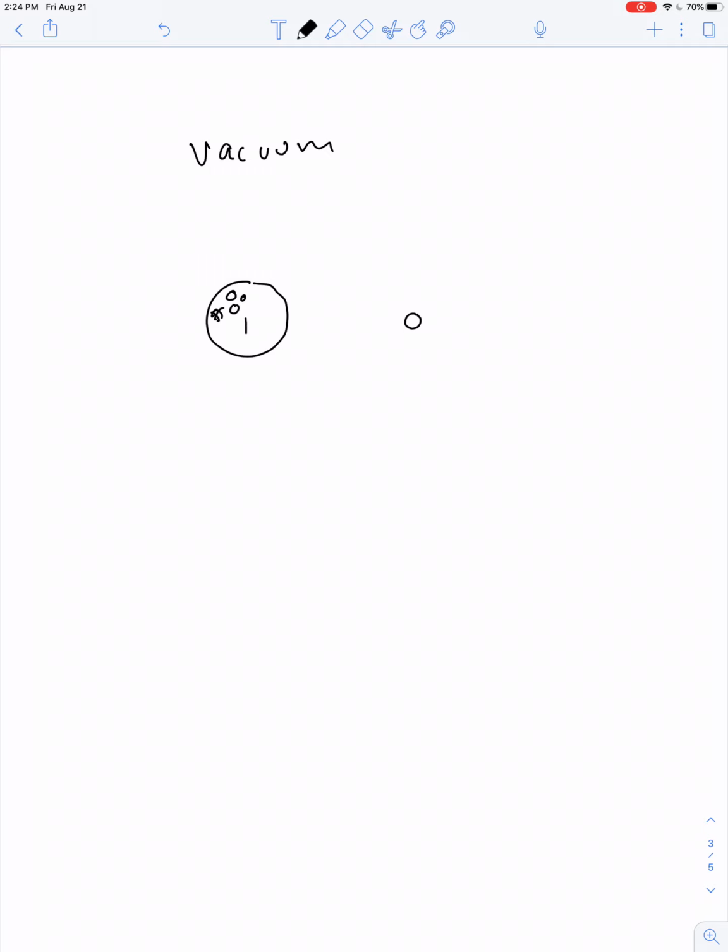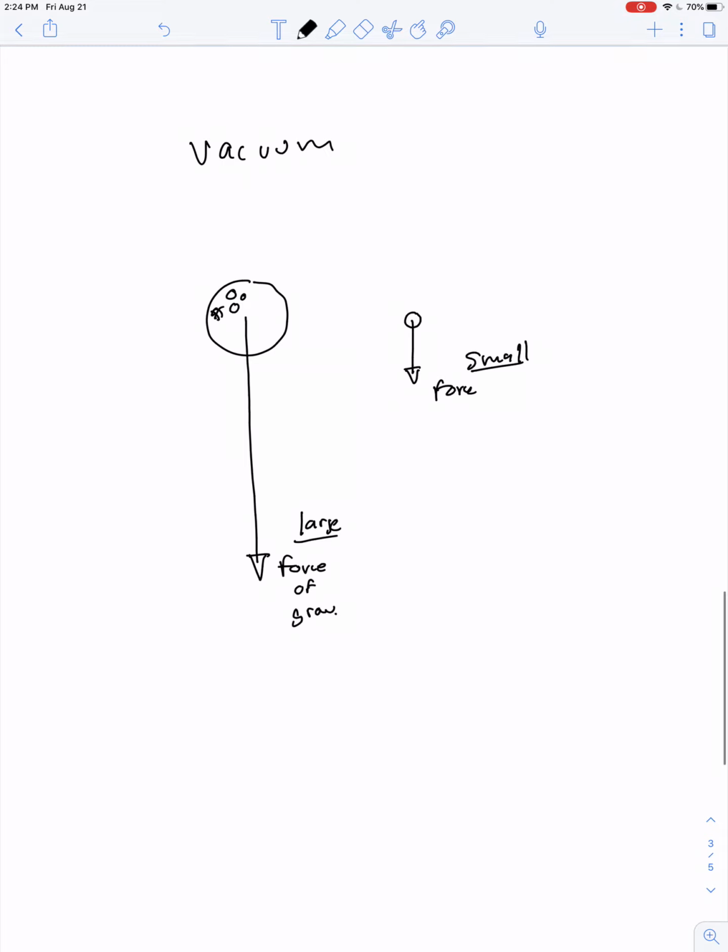Isn't there a much larger force of gravity pulling on a heavy object like a bowling ball, and quite a bit less force of gravity on the ping pong ball? So with greater force, shouldn't there be a greater acceleration acting on the bowling ball?